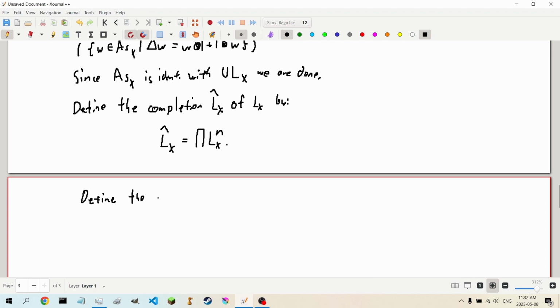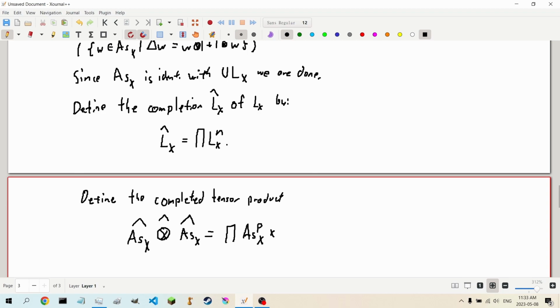the completed tensor product, which is going to be the completion of the free associative algebra on X, tensor, where the tensor itself is going to be completed, with another copy of the completion of the free associative algebra on X. This is going to be, as you might imagine, the product of the tensor of every possible A_p of X tensor A_q of X, every possible combination.